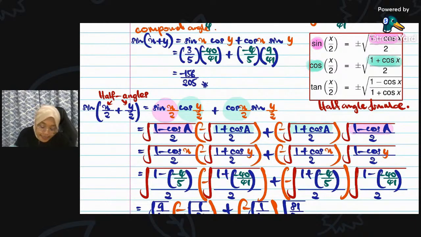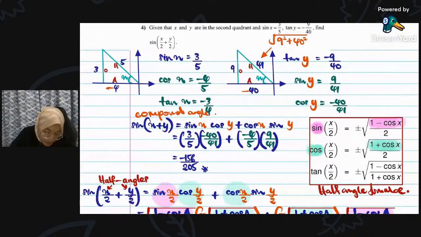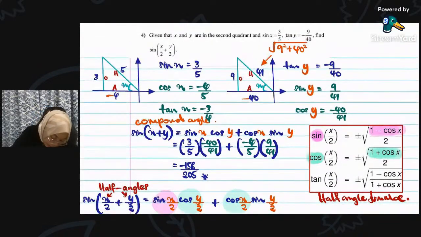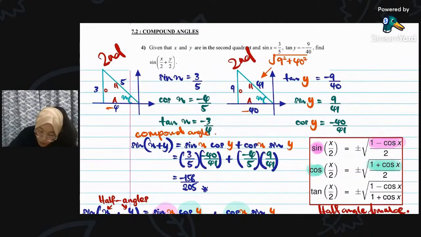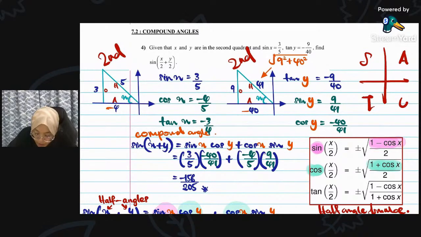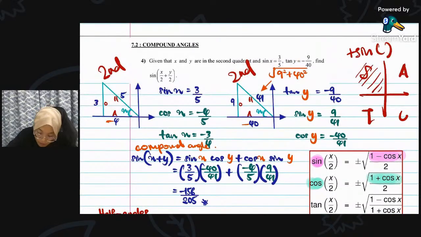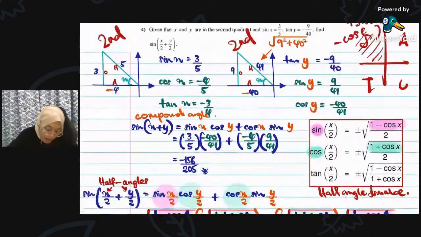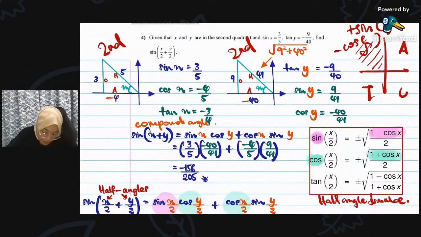Why is it? It's actually very simple, guys. This is second quadrant. So second quadrant, all sign teacher crazy. Second quadrant, sepatutnya yang positif hanyalah sin sahaja. Manakala kalau kita ada cos, cosnya adalah negative.